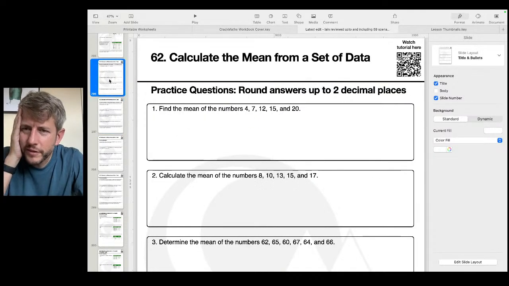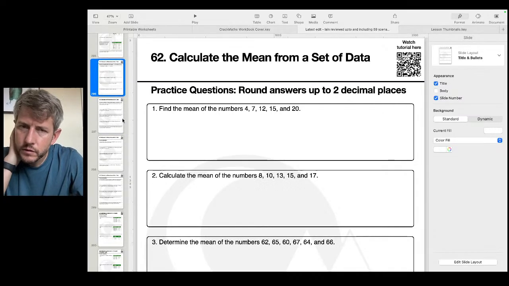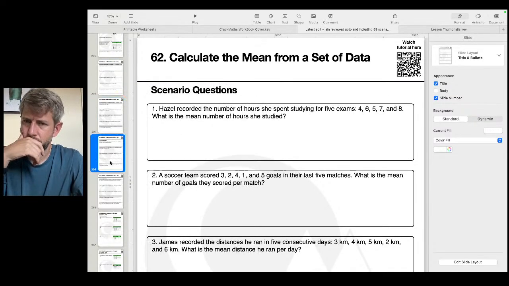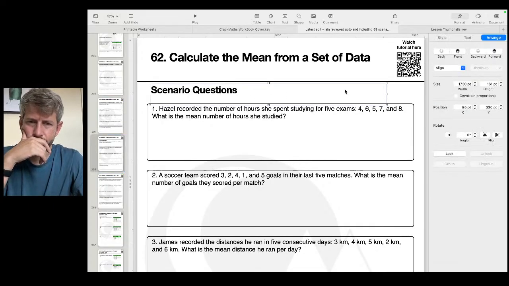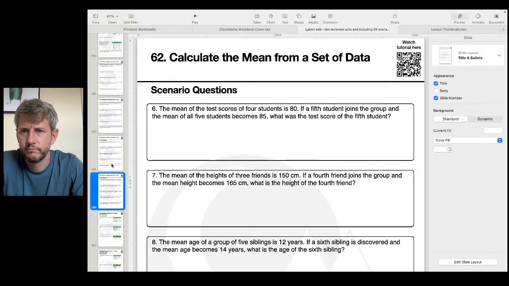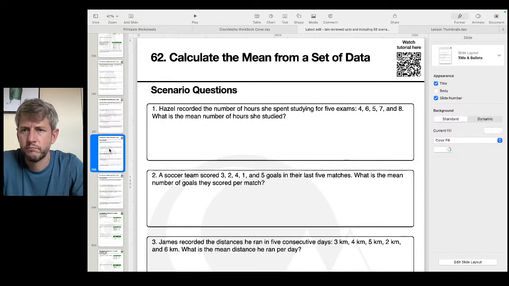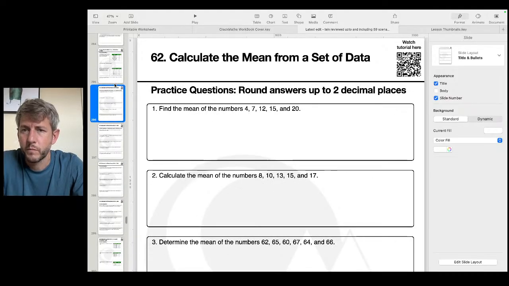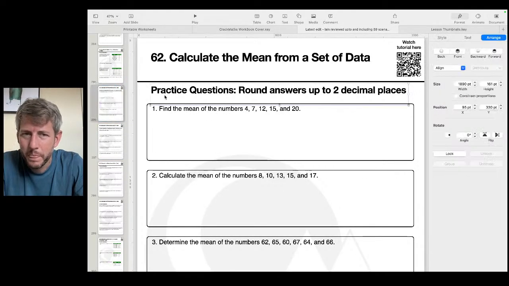Oh no, the fonts are different. That's going to bug me. I'm really sorry about this. It's really wasting time.